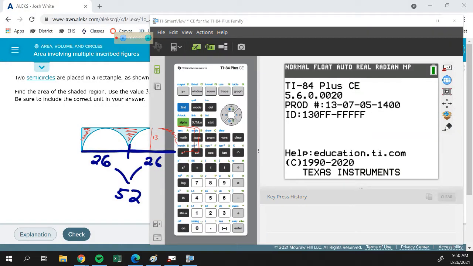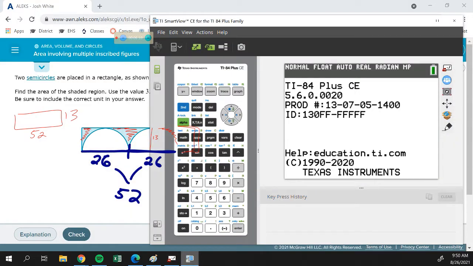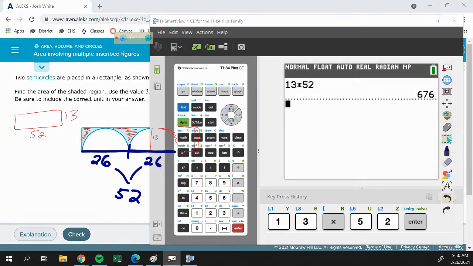So the rectangle itself is 52 times 13. So the area of the rectangle will be 13 times 52. So this area is 676.